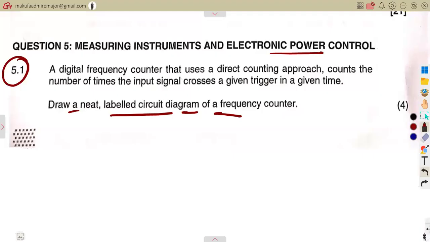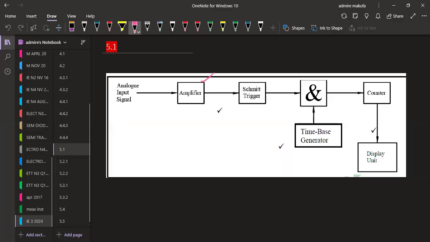So a frequency counter, remember, this is just a series connection of this amplifier, Schmitt trigger, and the counter connected to the unit display. And also do not forget the time-based generator. That is what we are given. With that, guys, you can obtain those marks that you are given.